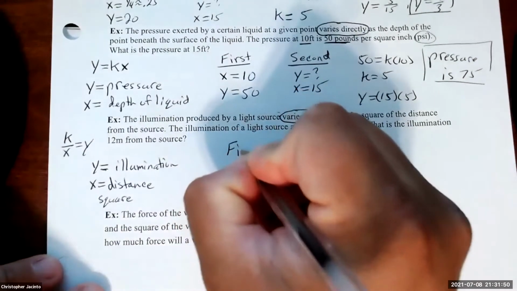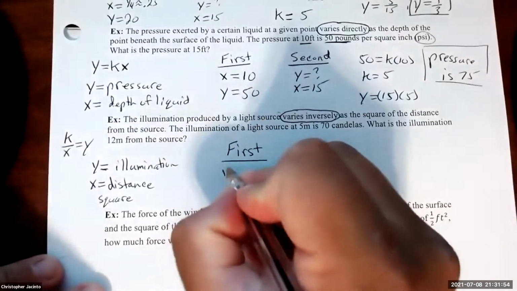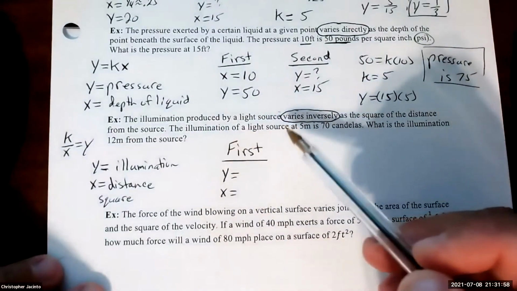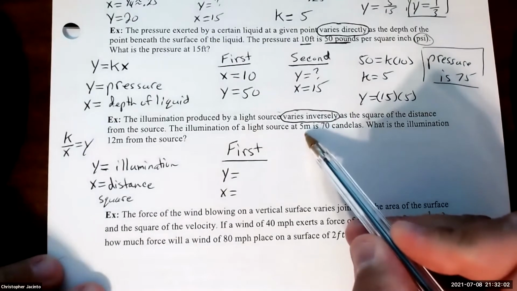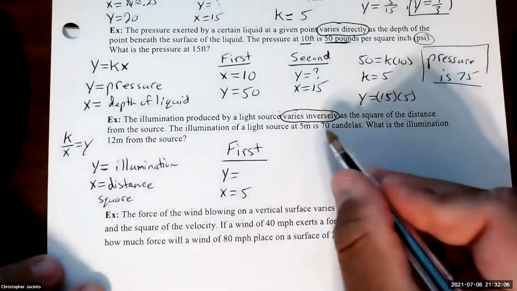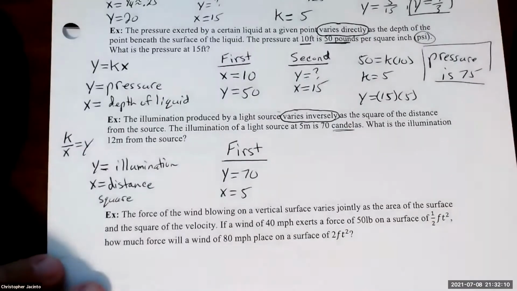Again, let's just write down our first situation happening. Okay, so x and y here. So it says the illumination of light source at 5 meters. So remember that's meters, so meters is distance, so we know that's going to be 5 there. Is 70, I don't know what that is, but I guess it's the illumination we're talking about. So that's our first scenario.